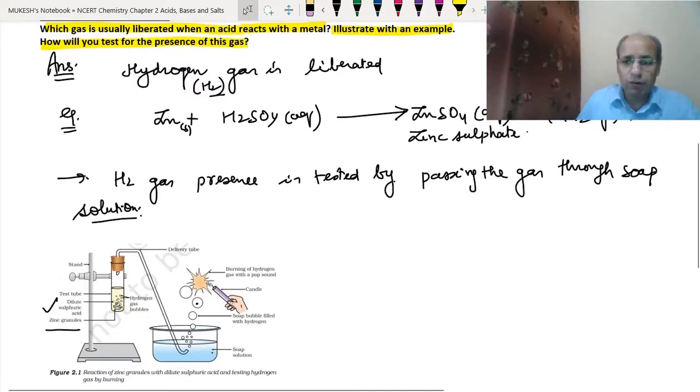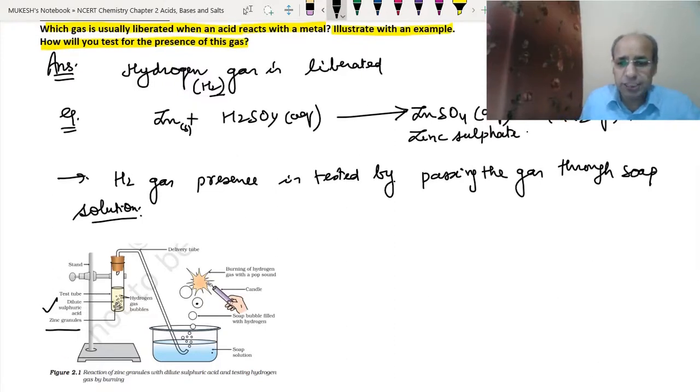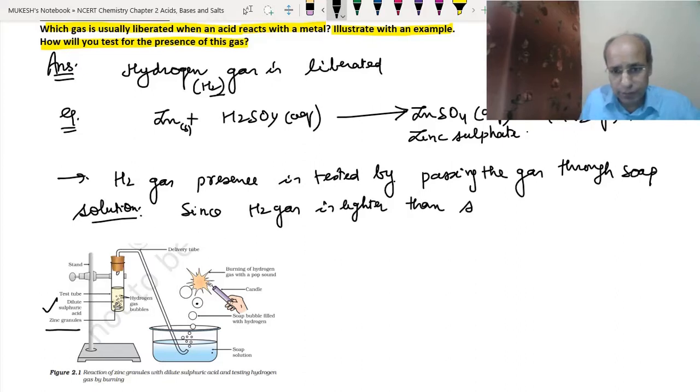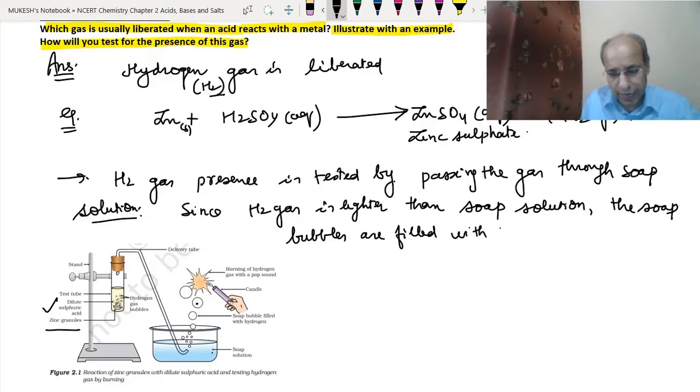Now how will we write it? Hydrogen gas is tested by passing the gas through soap solution. Since hydrogen gas is lighter than air, the soap bubbles are filled with hydrogen gas and rise up.